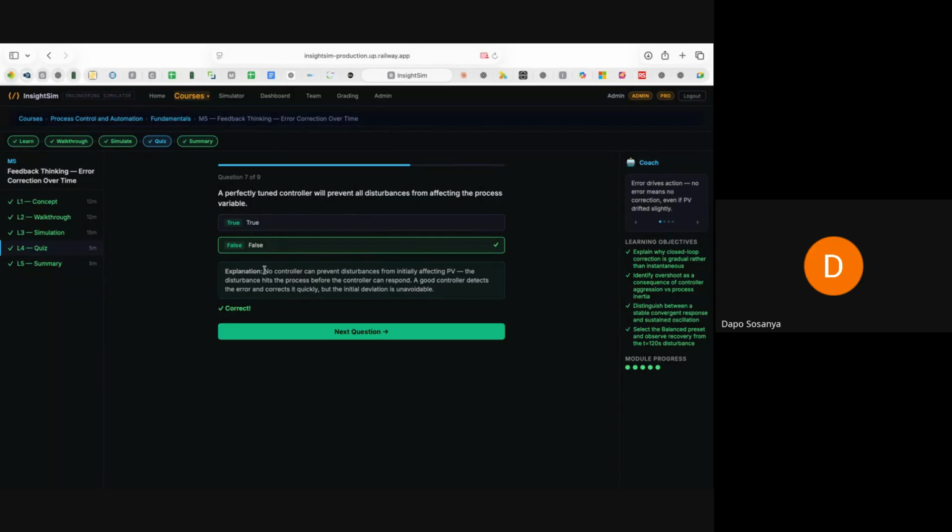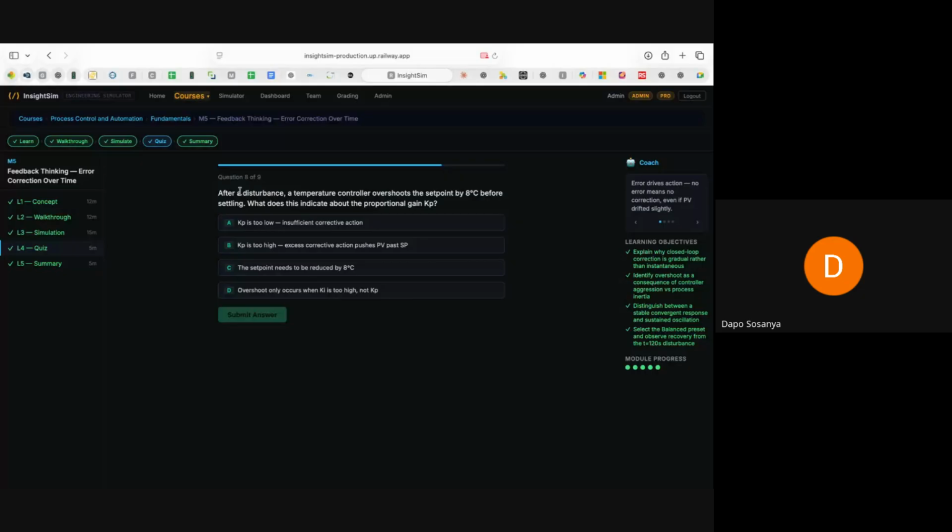So no controller can prevent disturbances. The controller does not prevent disturbances. It reacts to disturbances with the aim of correcting them. Because the disturbances hit the process before the controller can respond, a good controller detects the error and corrects it quickly, but the initial deviation is unavoidable.